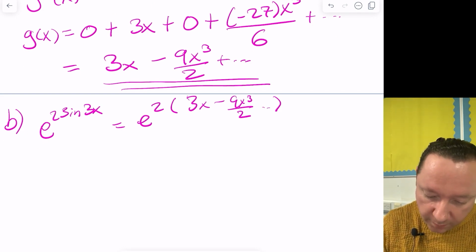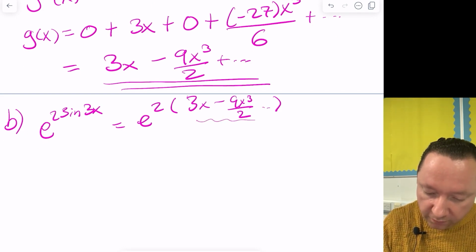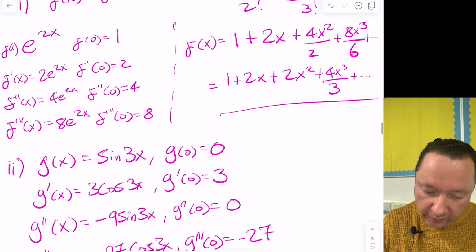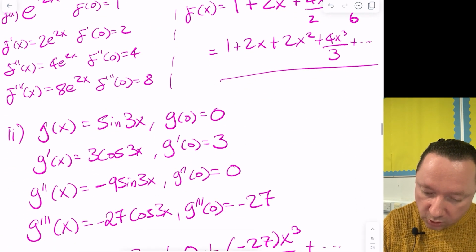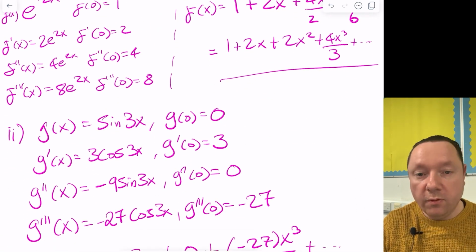So then it's just e to the power 2 of that. Well, imagine that as like a variable x or y. We know e to the 2x from up here, so we can just use that. 1 plus 2x plus 2x squared plus 4x cubed over 3.